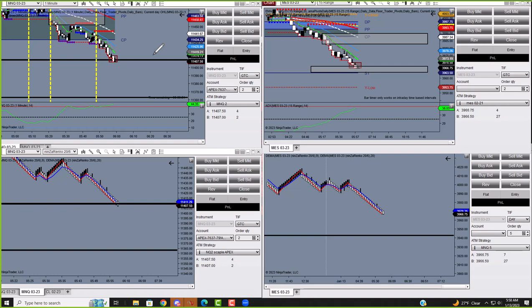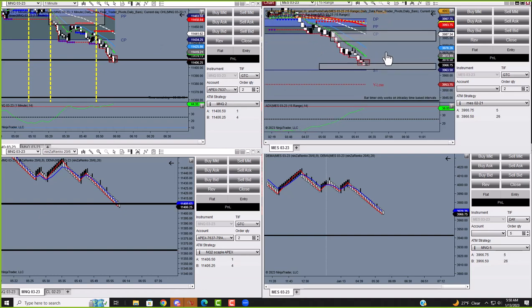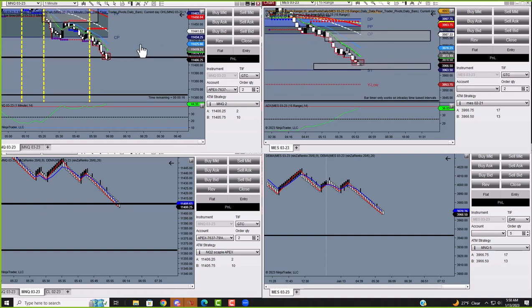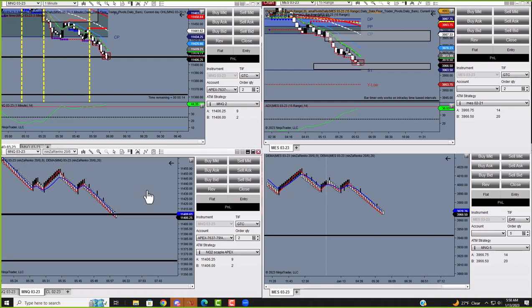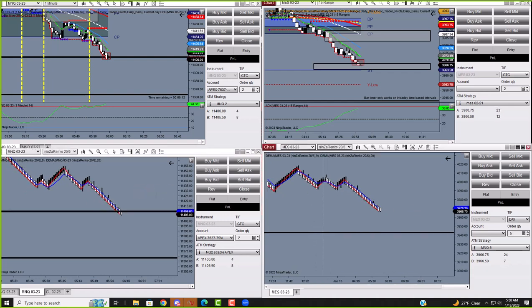Man, this hurts my feelings not being in the trade. Nothing like calling a trade and getting out. It's alright, we'll get another chance.